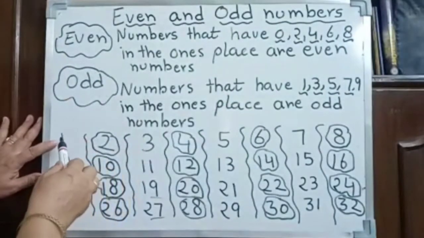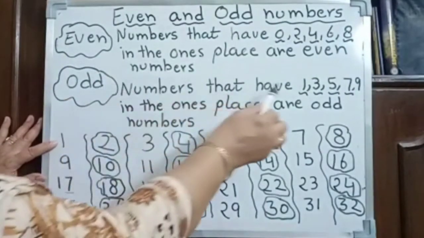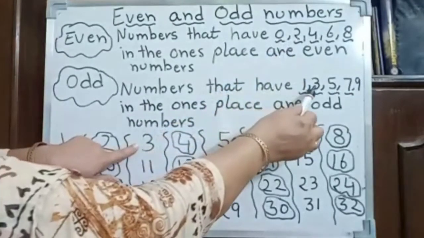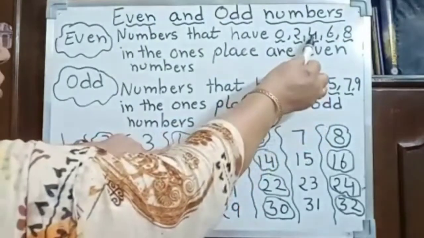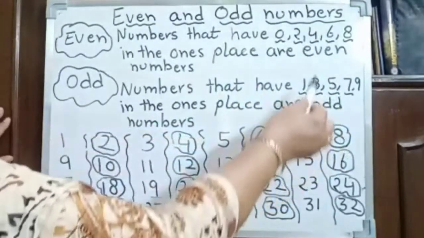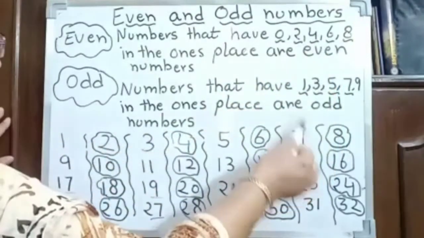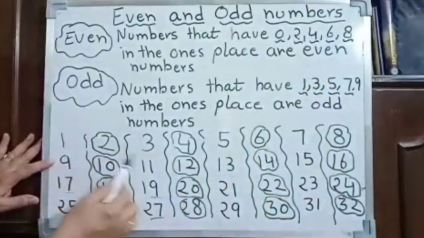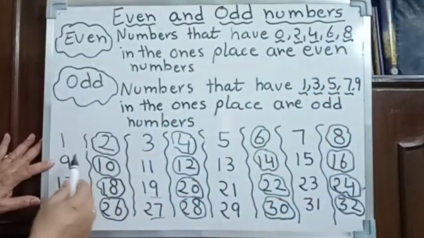Now look here. 1 odd number, 2 even number, 3 odd number, 4 even number, 5 odd number, 6 even number, 7 odd number, 8 even number, like that. You do it, you practice it.